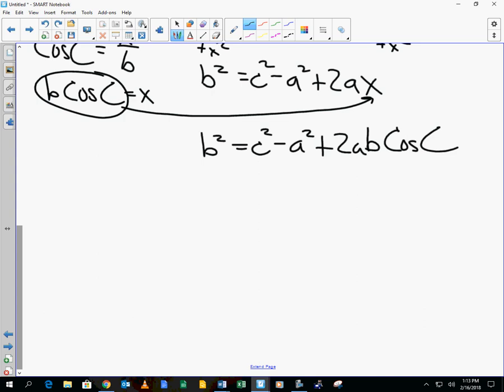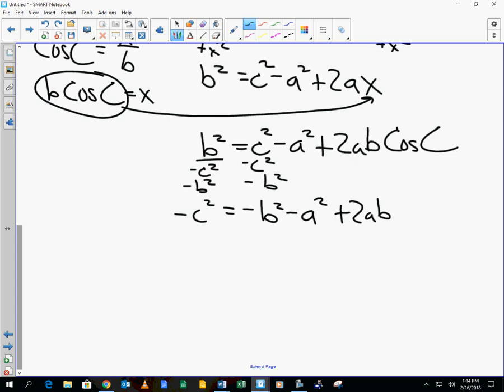We're going to clean it up just a hair. This is the law of cosines now, but we're going to make it look a little prettier. We're going to subtract c squared from both sides, and subtract b squared from both sides. When I do that, I get negative c squared equals negative b squared minus a squared plus 2ab times the cosine of angle C.